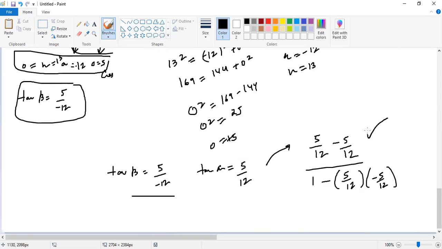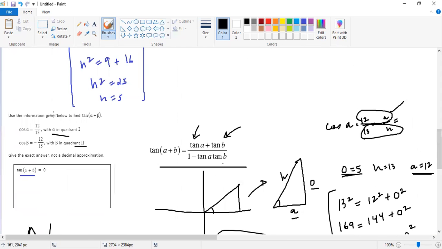Now, if we have a fraction which goes to 0 in the denominator, then the entire answer is 0. And that's actually what you'd expect for this answer. So for this answer, the answer is in fact 0.